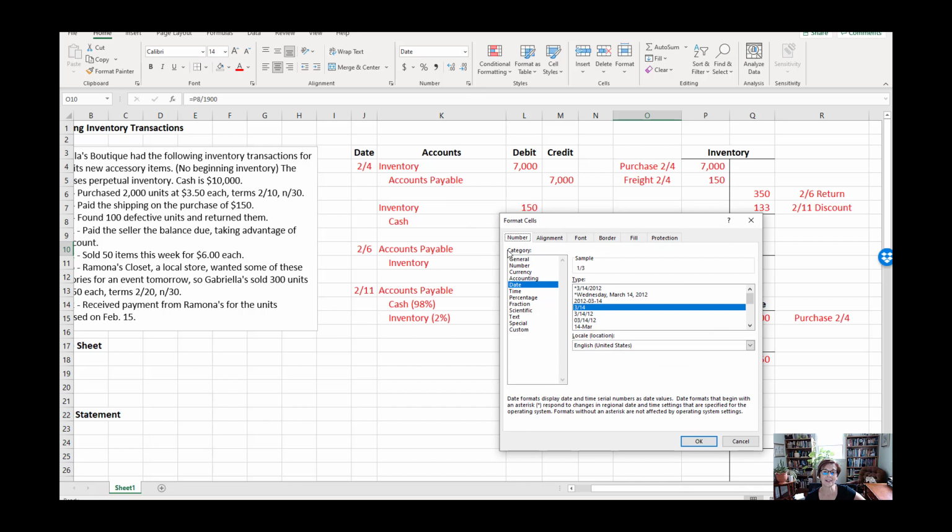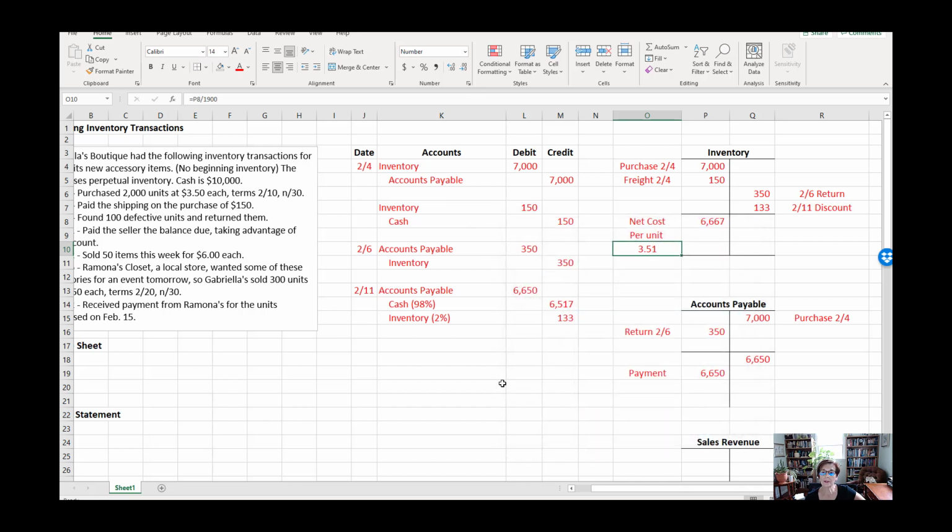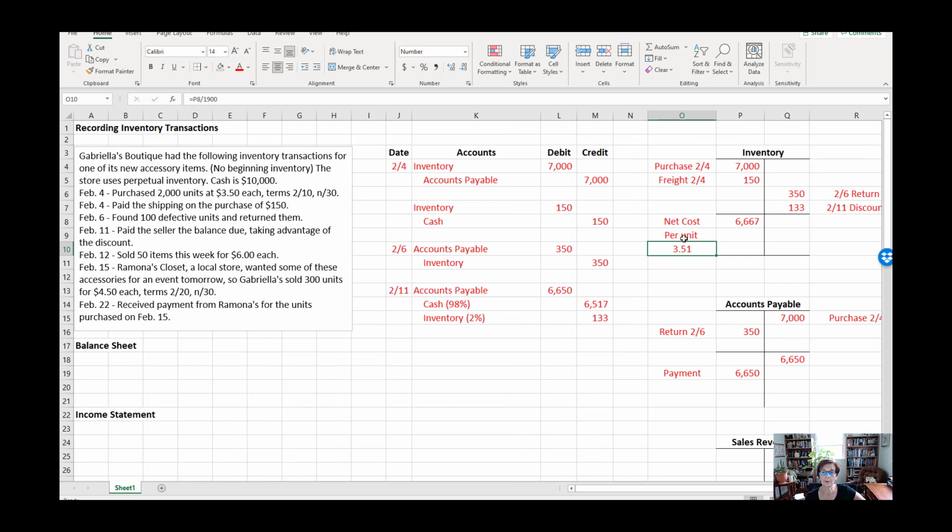Let me fix that into a currency. So our inventory cost us per unit $3.51. All right, because we added a little for freight and then we took a little bit out for our discount. Okay, we need that later when we sell it, right? Because remember, if we sell a unit, we have to take $3.51 for each unit that we sell out of inventory. All right, which is what's happening next.